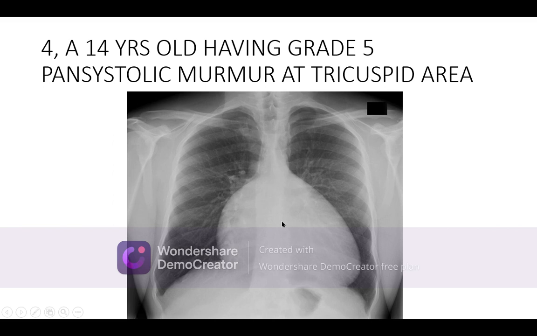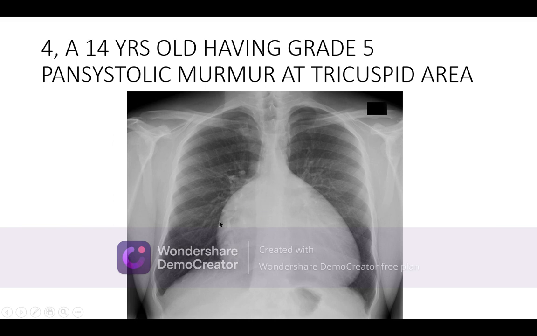This type of X-ray can be seen with any congenital abnormality. Reversal of shunt in a VSD will cause it. The PDA can cause it. Atrial septal defect, secundum type, can cause it.